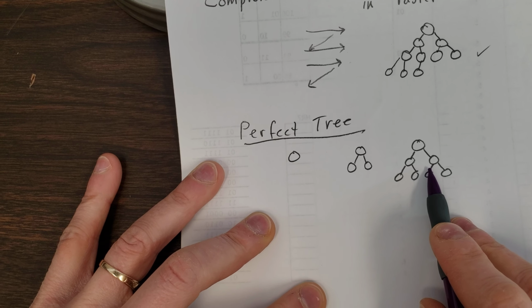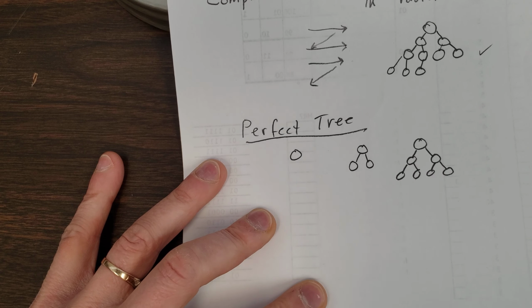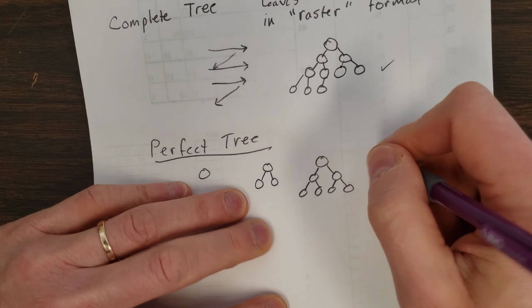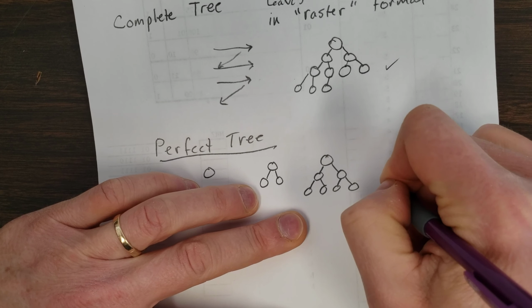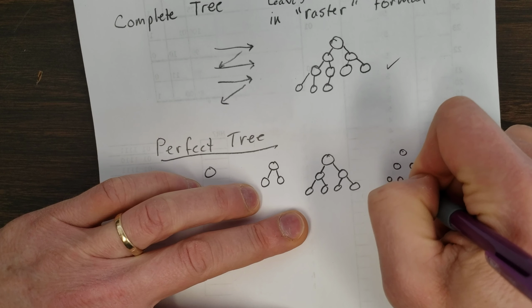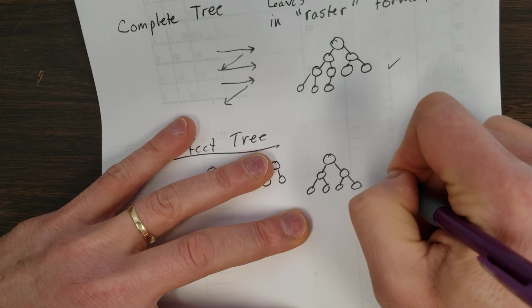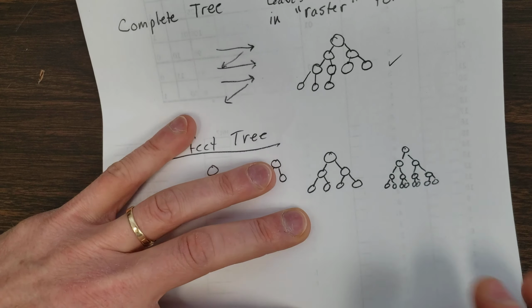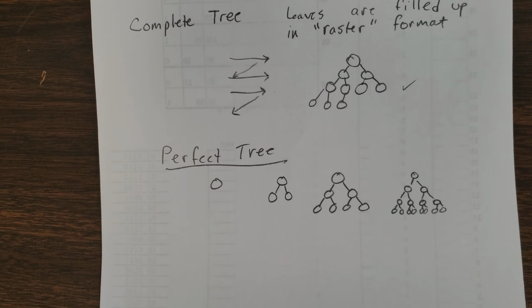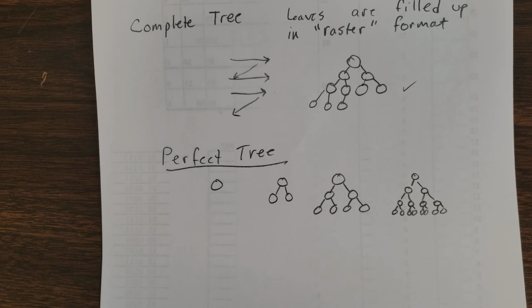So this is both full and complete. So it's a perfect tree. So we have all levels filled up. And as you can imagine, this gets harder to draw. So these are all perfect trees. The complete tree will come up again when we talk about heaps, okay?